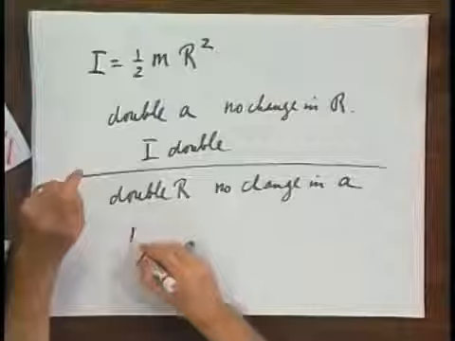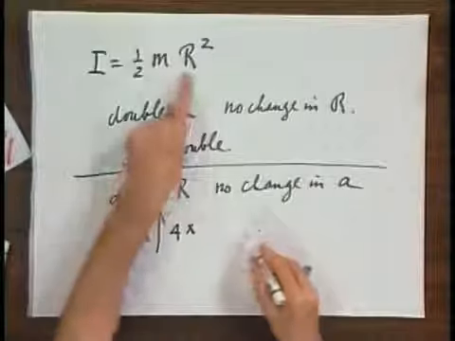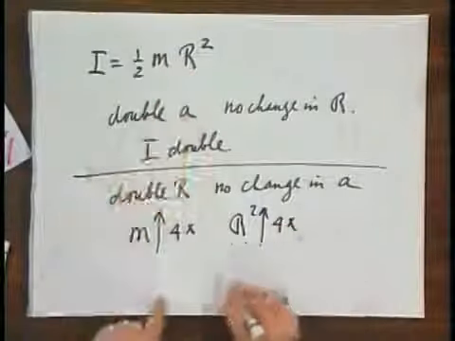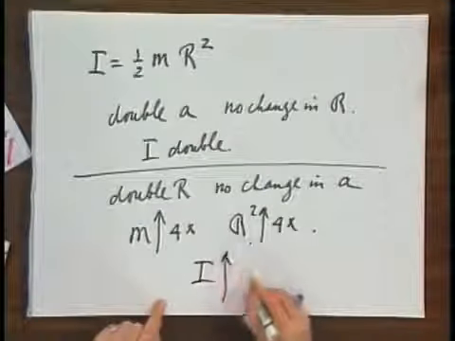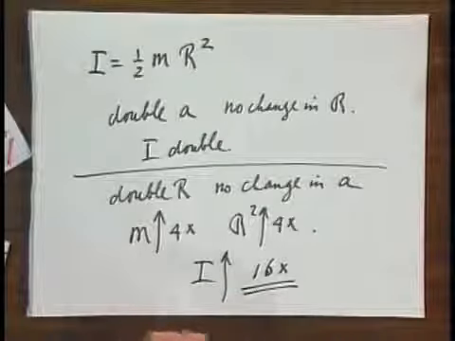If you double the radius, the mass will go up by a factor of 4, because the surface area of the cylinder, of the flat part, goes with R squared. So the mass will go up by a factor of 4. But R squared will also go up by a factor of 4. So the moment of inertia will go up by a factor of 16.